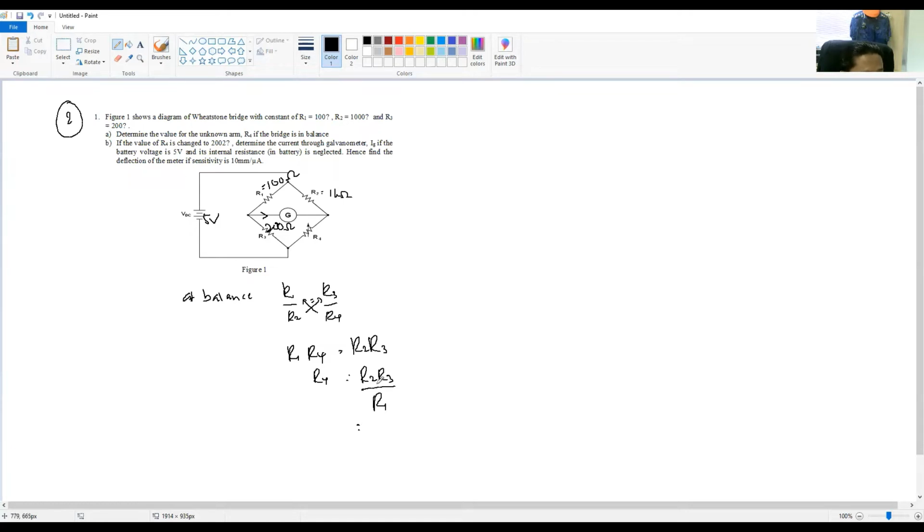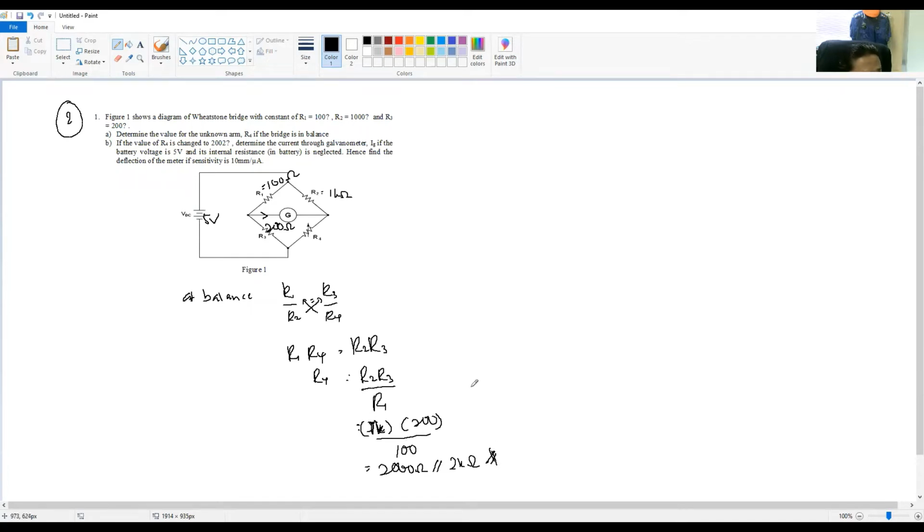Substitute the values: R2 is 1 kilo ohm multiplied by R3, which is 200, divided by 100. So R4 equals 2000 ohms, or 2 kilo ohms. That is R4.